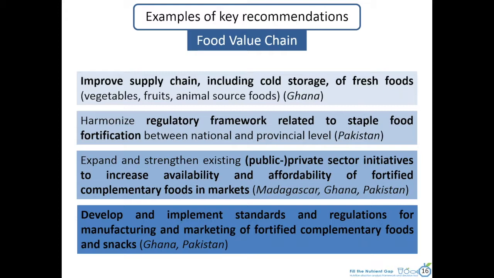Then there are issues related to the regulatory framework and the harmonization of regulatory frameworks for fortified foods, for example between provincial level and national level in very highly decentralized settings like Pakistan. And you can see other recommendations here.